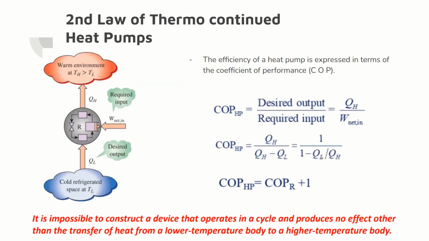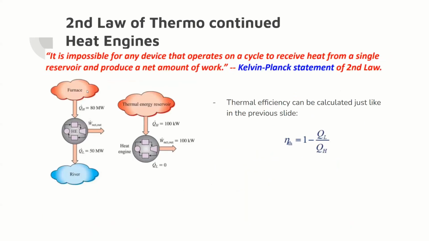So let's take the heat engine. Your furnace is at a temperature of 100 Celsius, and your river is at a temperature of 0 Celsius. So QL would be replaced by your temperature low, and your QH would be replaced with your temperature high.